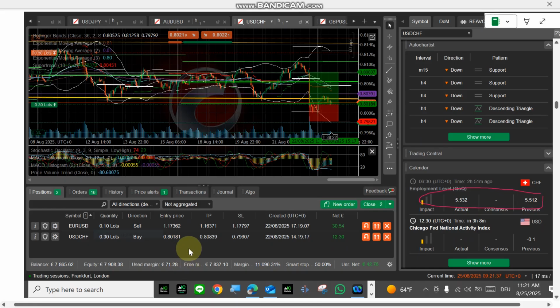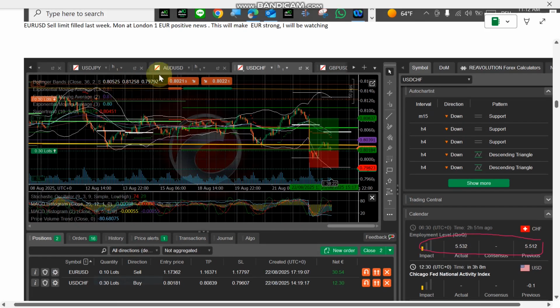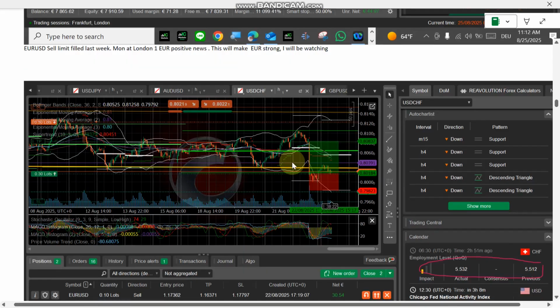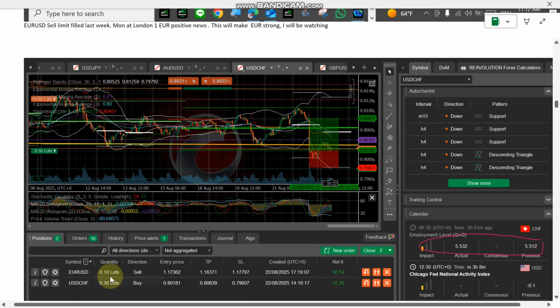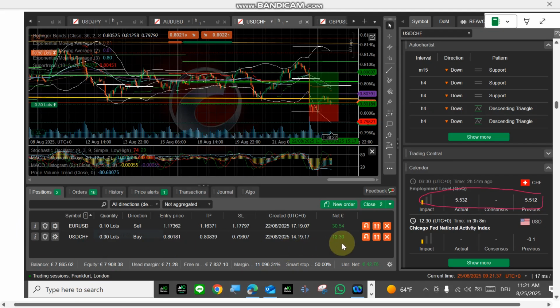So the next one is the US Swiss franc. Is it negative news or not? Look at this number. It's positive, a little bit above, so Swiss franc is supposed to be strong. US Swiss franc is here, and I put the buy limit.